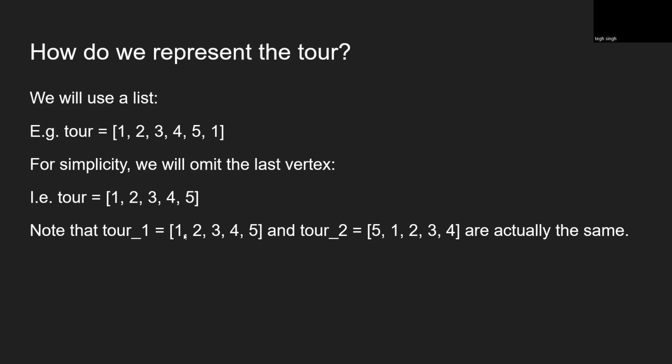If you shift all the vertices one across, the tours will still actually be the same. For tour 1, we can see there's an edge going from vertex 5 to vertex 1. And over here in tour 2, we can see there's still an edge from vertex 5 to vertex 1.